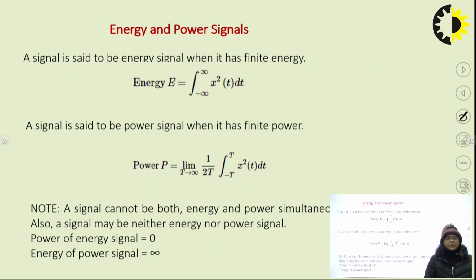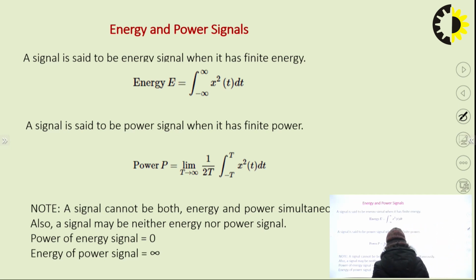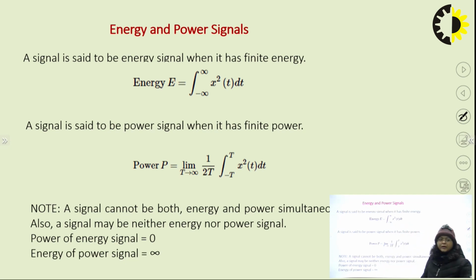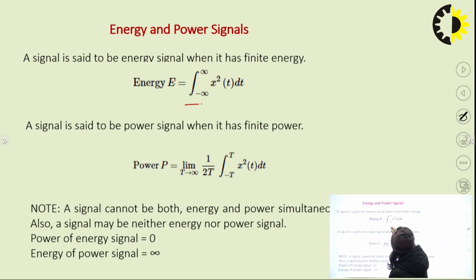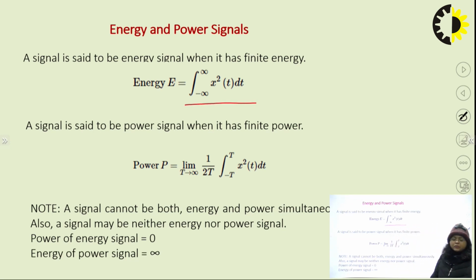Now what are energy and power signals? First of all, how to calculate energy and power. For any given signal x of t, if we have to calculate the energy, then we square the value of the signal and integrate it over entire time. So energy is calculated by the integration of x square t dt over entire time.